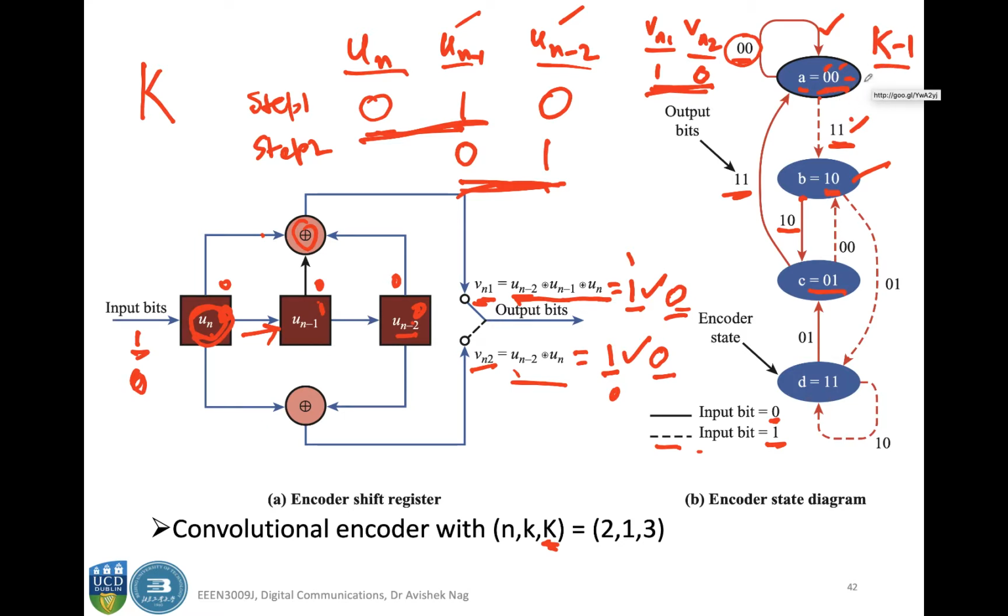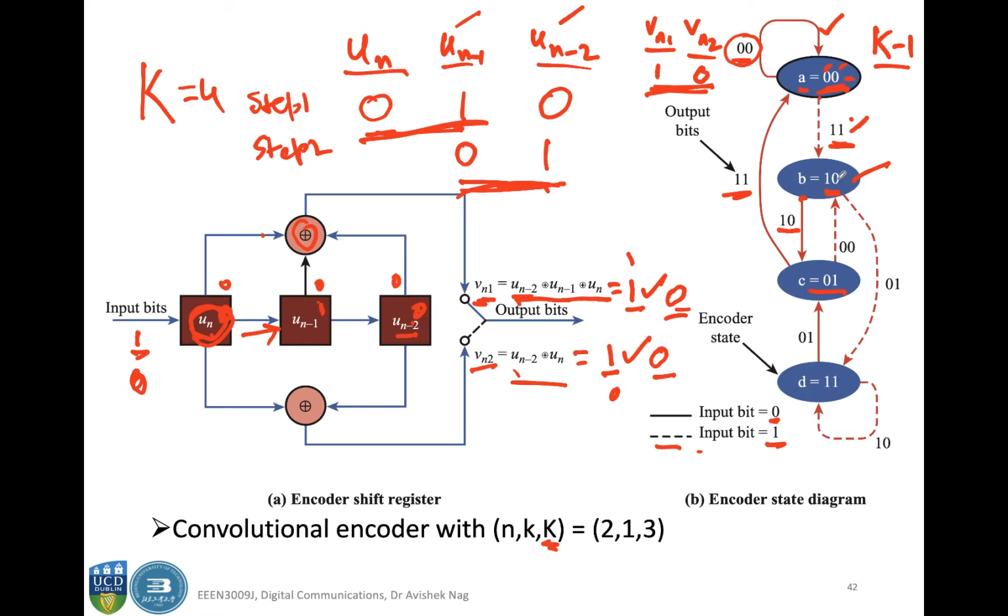If your K is large, let's say 4, then each state is denoted by 3 bits, and you will have 8 possible states. Here, since each state is denoted by 2 bits, you have 4 possible states. With 8 states, the state diagram might look very clumsy, and it will be difficult to work with.